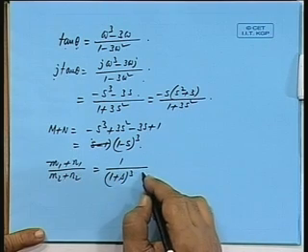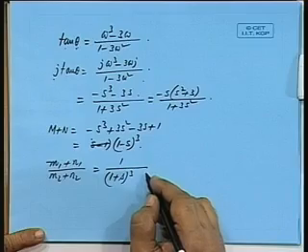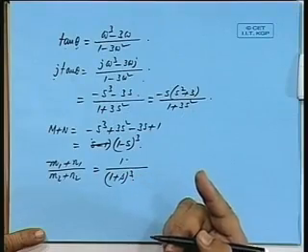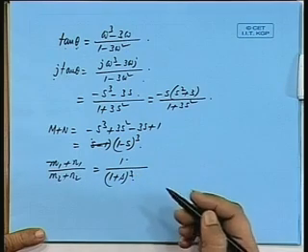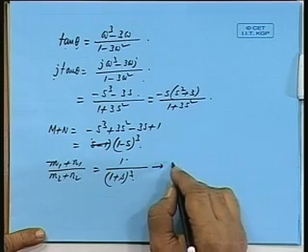Is it all right? This is not a driving point impedance, it is a transfer impedance function. In case of a transfer impedance function, you may have a difference in degree more than 1, but in case of a driving point impedance or admittance function, the difference in the degree should be restricted to 1. Here you can have more than 1. So, this is not a driving point function.